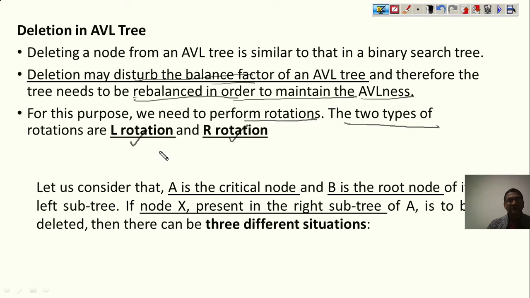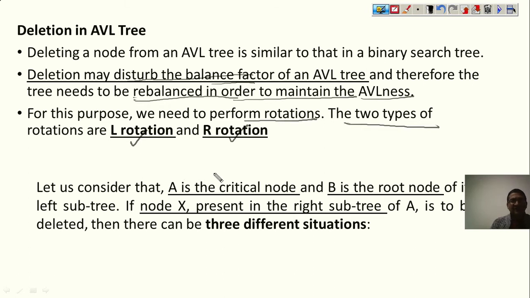L rotation and R rotation are basically mirror images of each other. Whatever we do in L rotation, we do almost in the opposite way in R rotation. So first let us understand how the rotations can be applied before we move to any example.